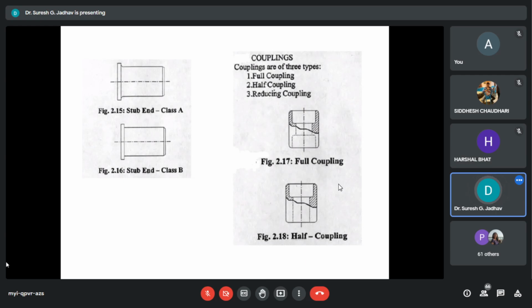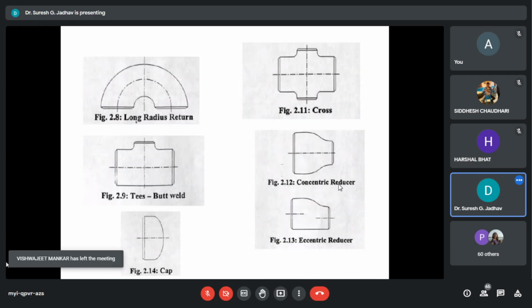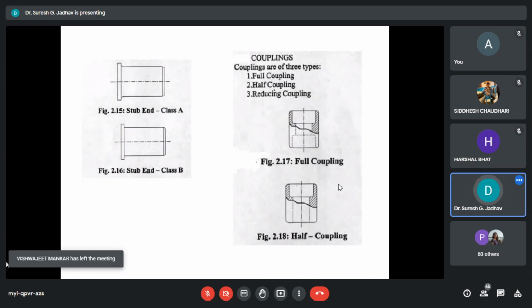The designer selects stub ends, long or short, and ensures the weld of pipe to stub end does not get covered by the flange.